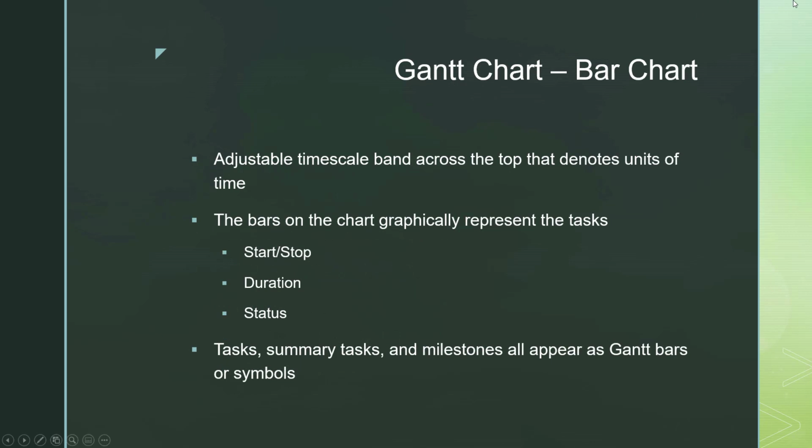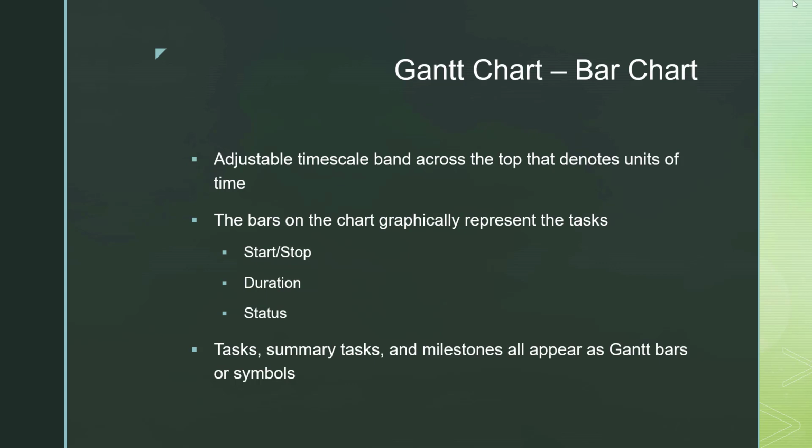Across the top of the screen of a Gantt chart, you can have a time scale band that denotes units of time. Depending upon your project, if it's a short-term project, those might be days, or could be hours if it's very short. If you had something that was long-term, that time scale could be quarters, or it could even be years.